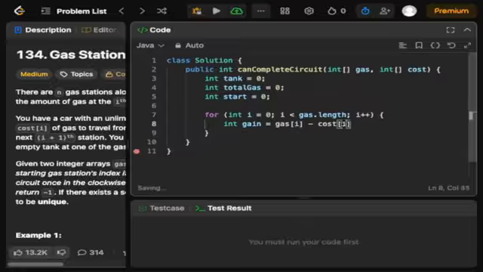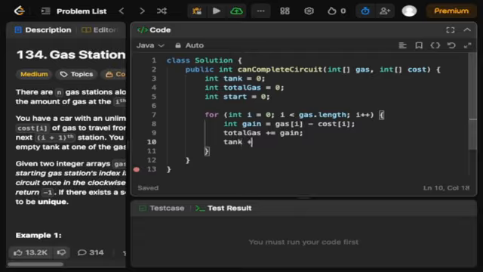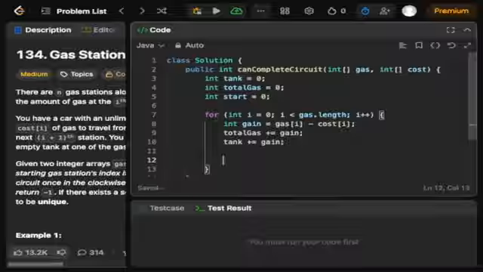And in some instances, we might have more gas than what it costs, so that's why we're storing that extra in the tank. As we're iterating through, we'll update our total gas, and we're also going to update what's in the tank. And now we want to check, is what we have in the tank enough to make it to the next station, or have we reached a negative point?